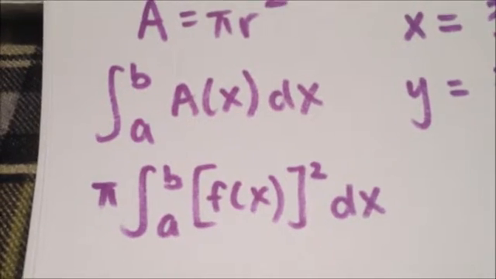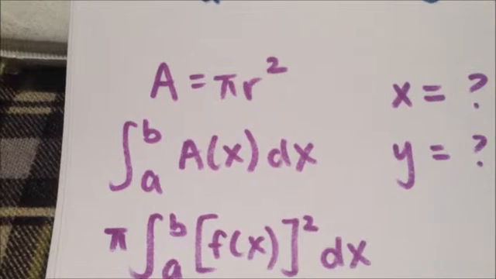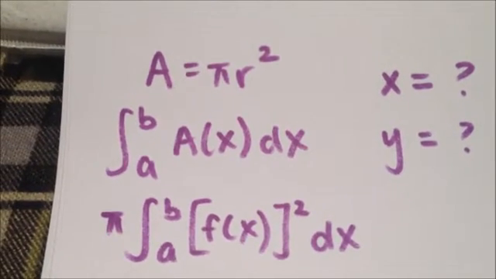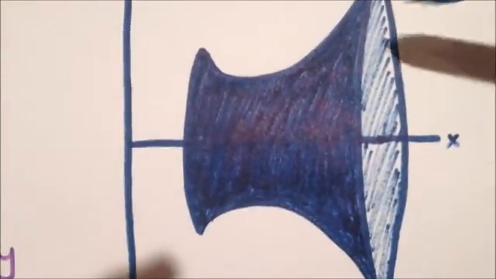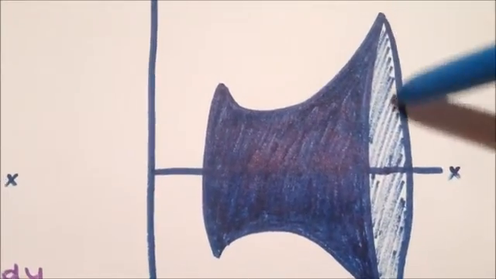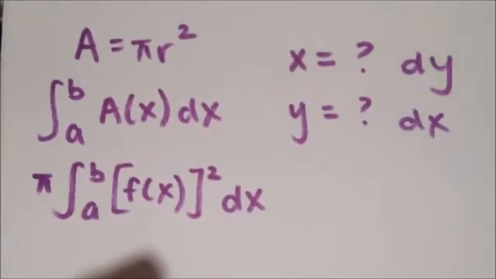And this is because the area is pi r squared. And because pi is constant, you can take it outside of the integral. And then your radius is just f of x. Because if you look back here, see this line is just f of x, and that is your radius of the circle. So you would use that as your radius, f of x squared, and then integrating in terms of dx.